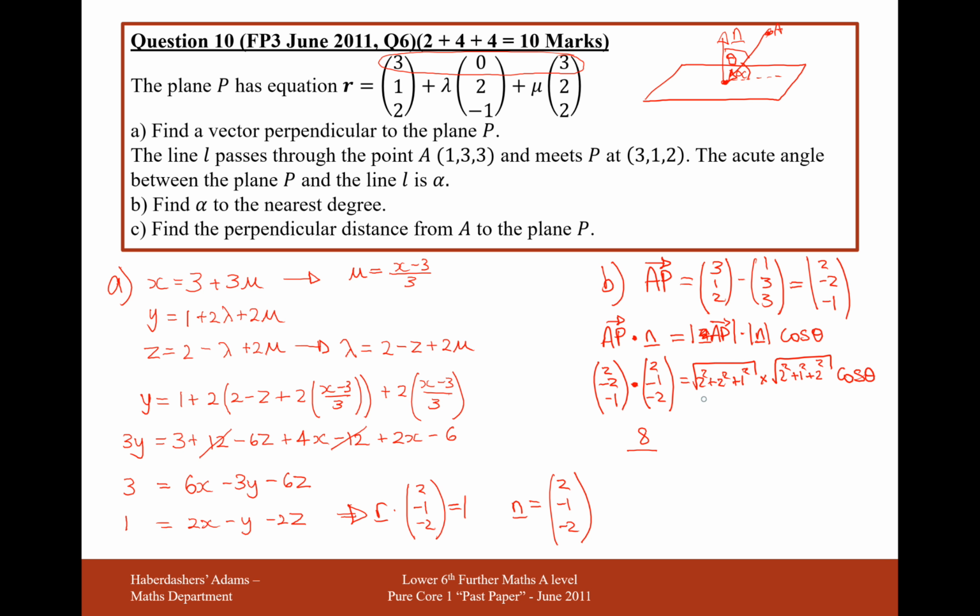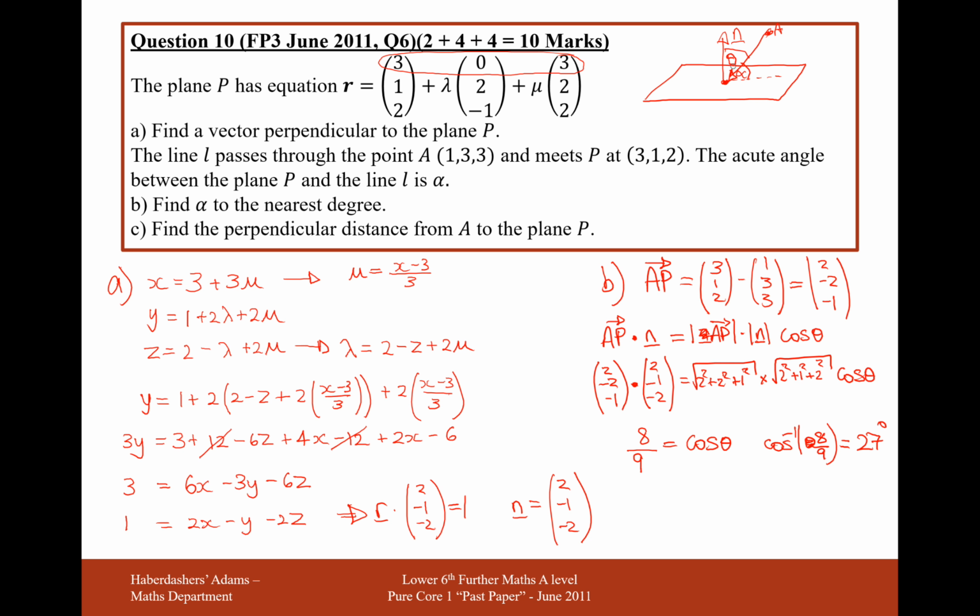And we're going to divide through by these moduluses. Now this is going to be 4 add 1, that's 9, so square root of 9 is 3. And then it's going to be the square root of another 9, which will give me 3 as well. So that's going to be 3 times 3 is 9. So to calculate the angle, we're going to do cos minus 1 of 8 over 9, which gives us 27 degrees.